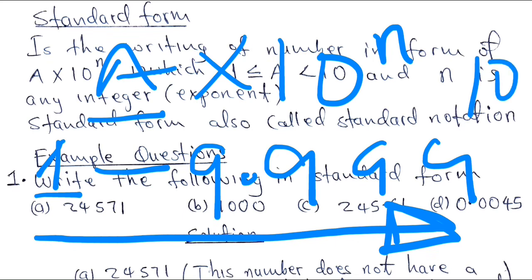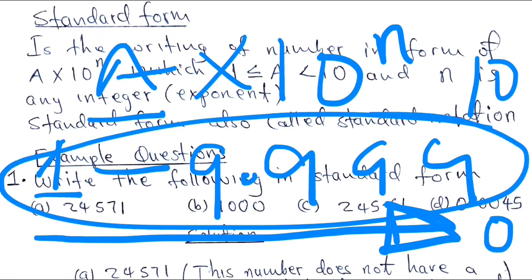It's supposed to be less than 10. But also, this a can't be equal to 0. It's supposed to be any number from 1 up to 9.999, something like that. So simply I can say, when you write in the form of a times 10 exponent n, your value of a must lie between 1 up to 9.999, something like that.